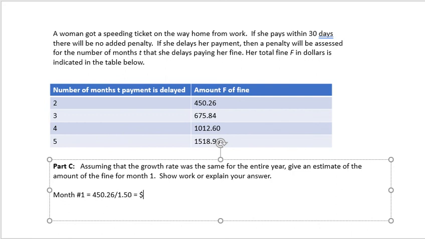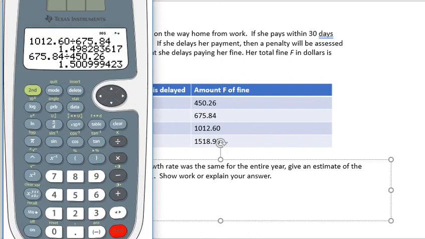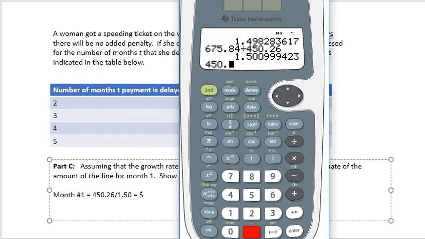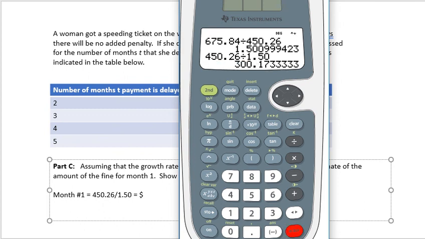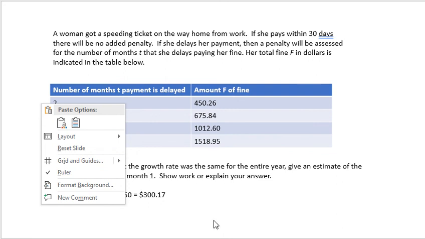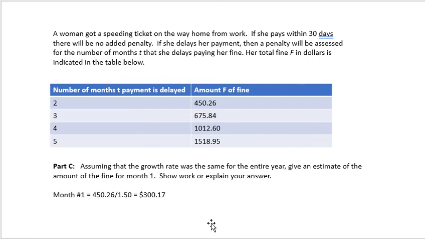If I bring up my calculator here and do that math, 450.26 divided by 1.5, we end up with $300.17. Okay, so there's the work. That is sufficient for part C.